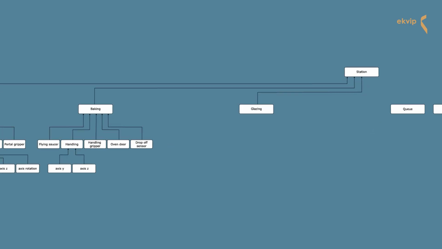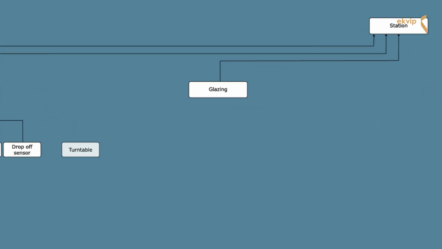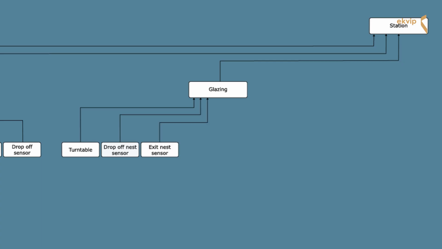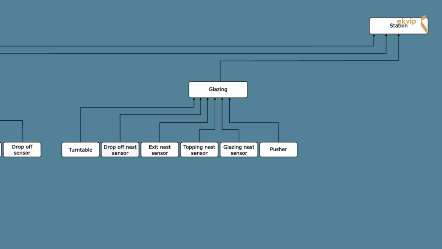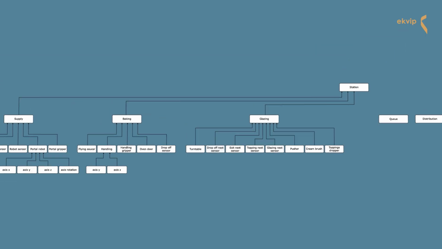The child nodes of glazing are turntable, drop-off nest sensor, exit nest sensor, toppings nest sensor, glazing nest sensor, pusher, cream brush, toppings dropper.